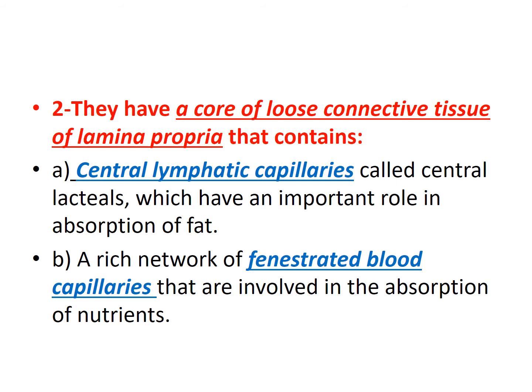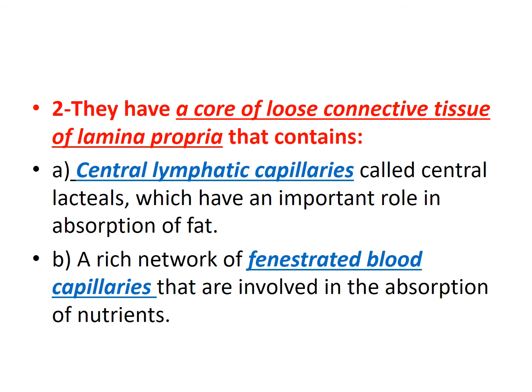After the epithelium, there is a core of connective tissue formed by the lamina propria. In all segments of the gastrointestinal tract, the mucosa is formed of epithelium and underlying lamina propria, then muscularis mucosa. There are the three layers of the mucosa.